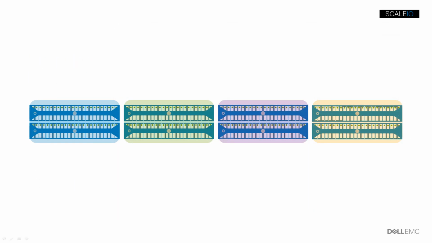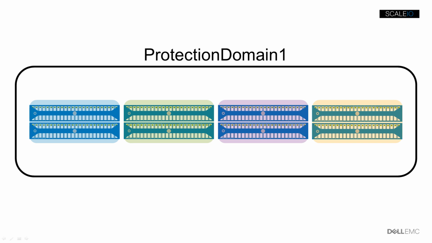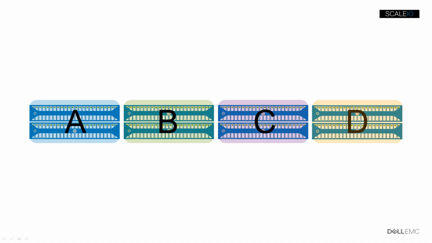We'll be working today with an 8-node ScaleIO system consisting of Dell PowerEdge 13Gs. All the nodes reside in a single protection domain, Protection Domain 1. There are 4 fault sets with 2 nodes each, fault sets A, B, C, and D. Each node is using 2 10 gigabit Ethernet ports, and each node has 6 SSDs and 18 spinning disks.